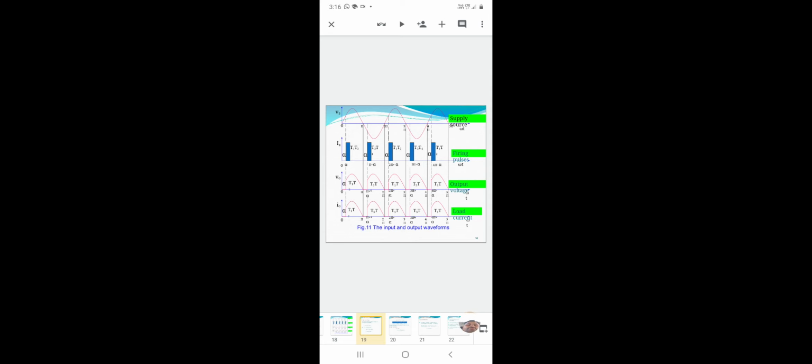In each pair of thyristors, the T1, T2 thyristors and T3, T4 thyristors, two thyristors at a time start conducting during the positive half cycle. So here the firing pulse is applied for controlling the output voltage. When the pulse is given, the output voltage is controllable.